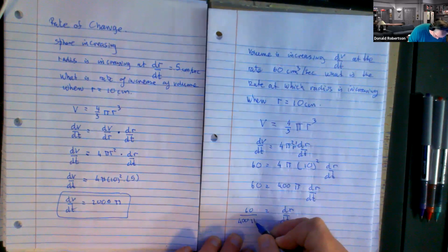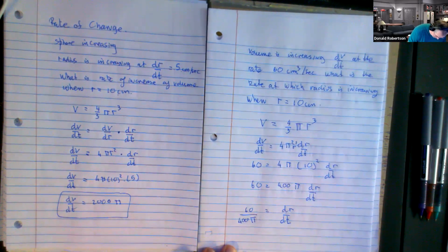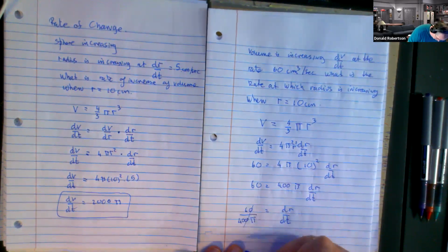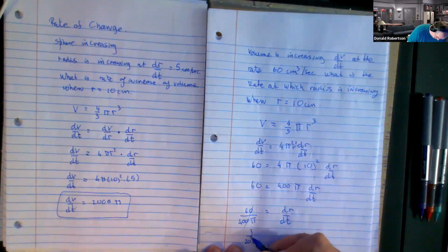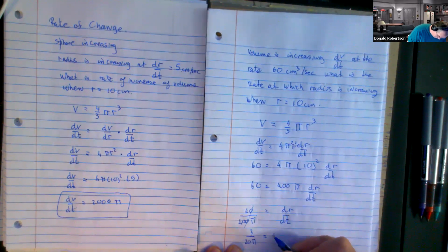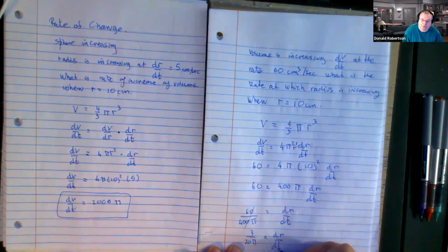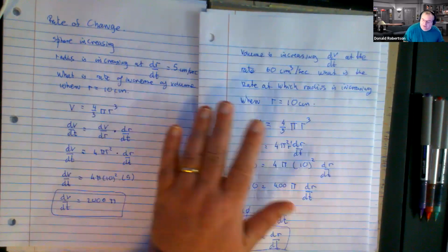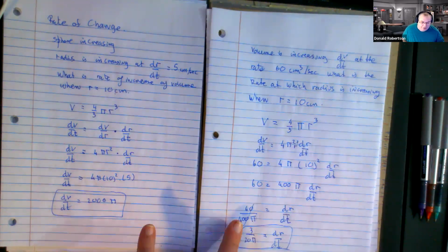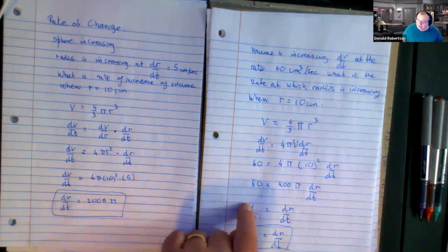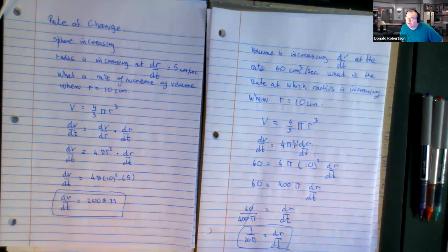The only thing I suggest you do is make that 3/20 just because it looks prettier. In other words, simplify the fraction. But that's all I would do. So although these are both volumes of spheres changing through time, can you see the method is very, very similar, even if one is finding the rate of change of volume and the other is finding the rate of change of the radius with time.